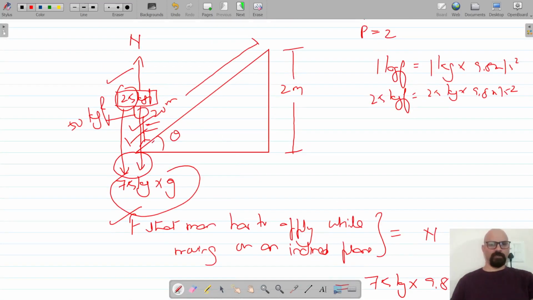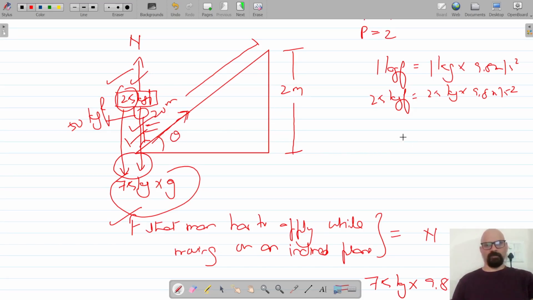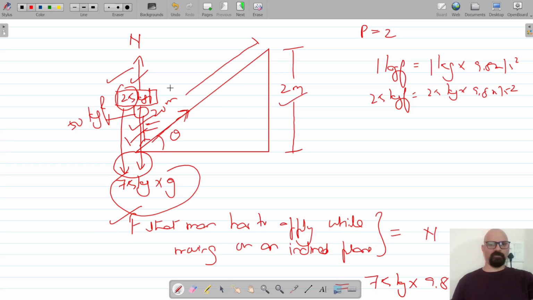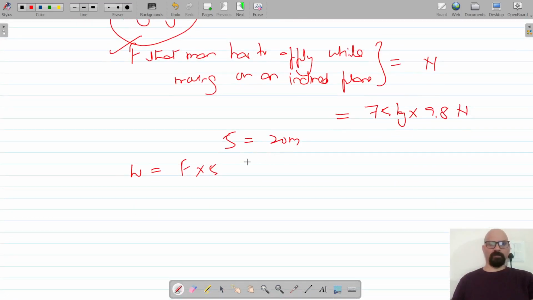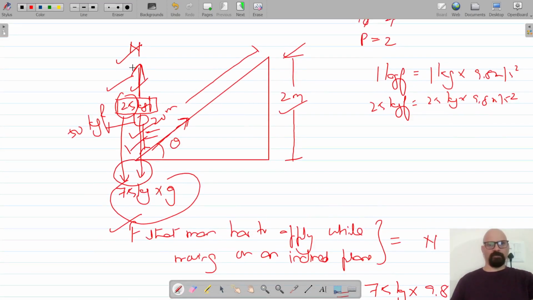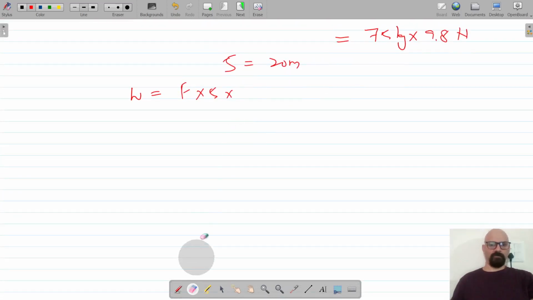Because he is moving along the inclined plane, this is the force, normal, and this is the vertical displacement. The work done is the dot product of the force and the displacement vector, which is equal to F into S cos theta.